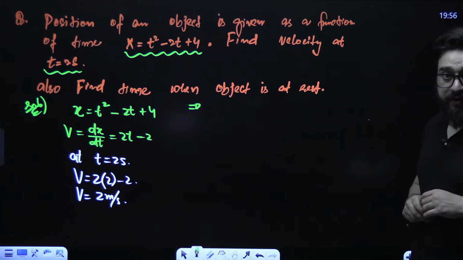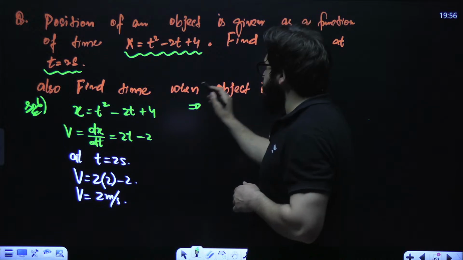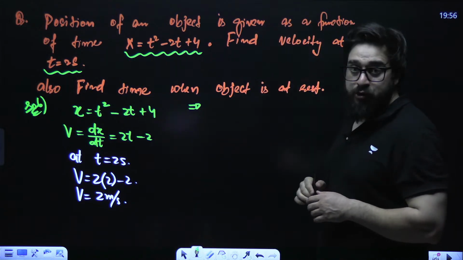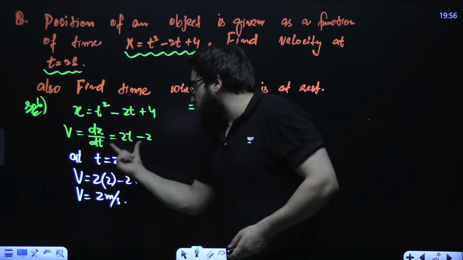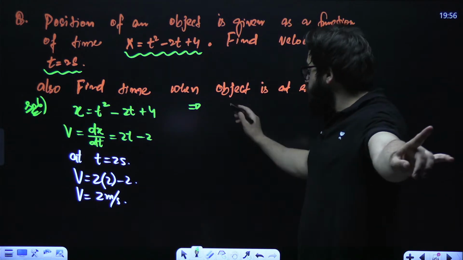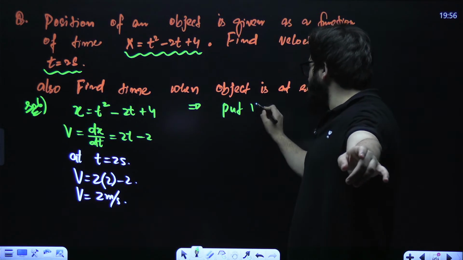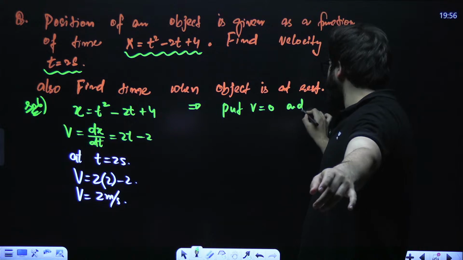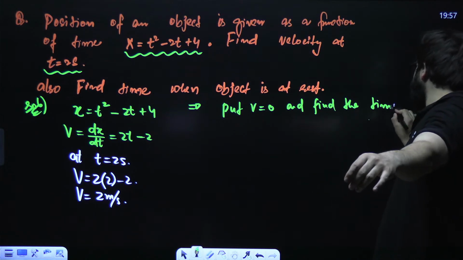What is next over here? Guys, see. I say, sir, find the time when object comes to rest. Sir, when object comes to rest, don't you think that its velocity is 0? So we put velocity is equal to 0 and find the time.